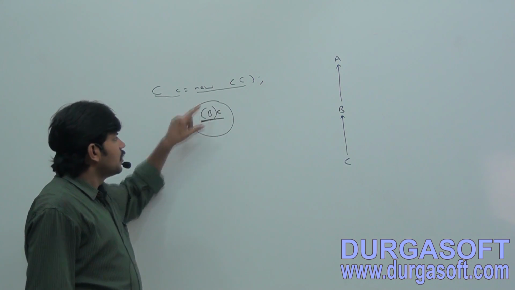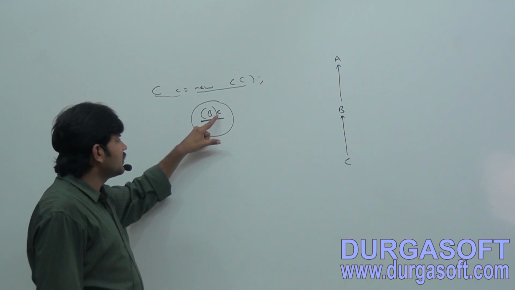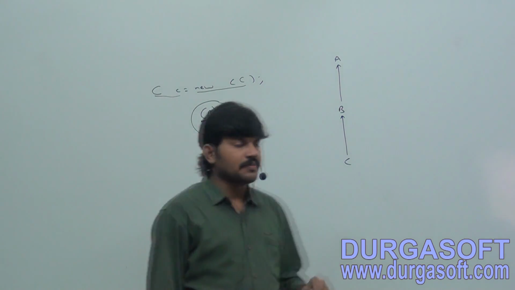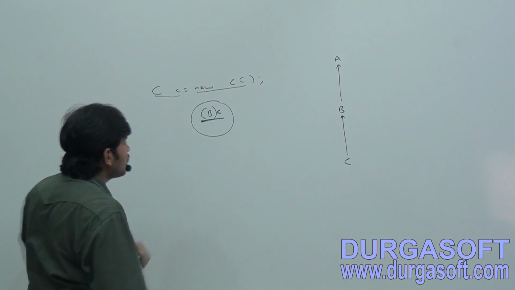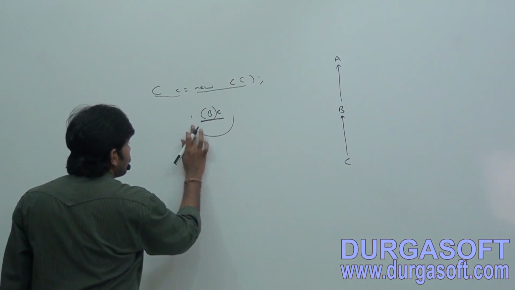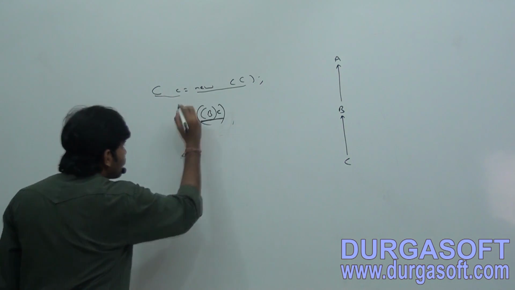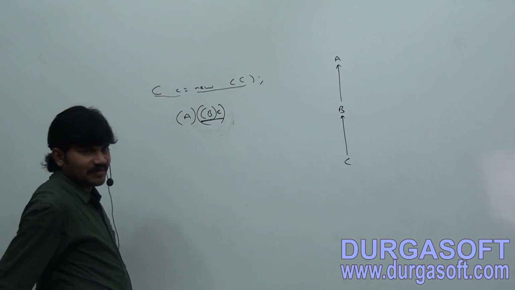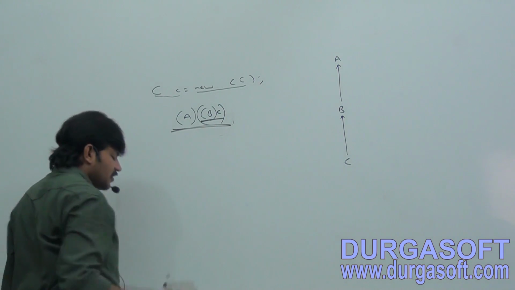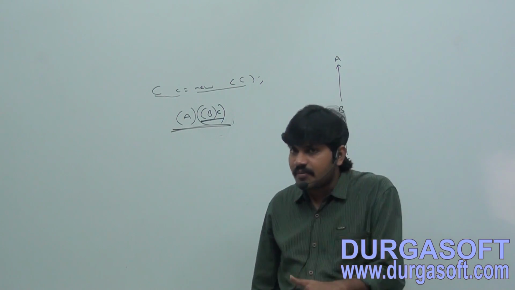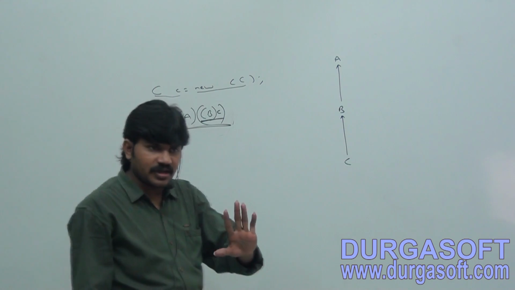Once I typecast, the C type becomes B type, but the runtime object is always C type only. Now I'm trying to typecast this total thing to A type. At the end, this is A type, but the runtime object is C type.